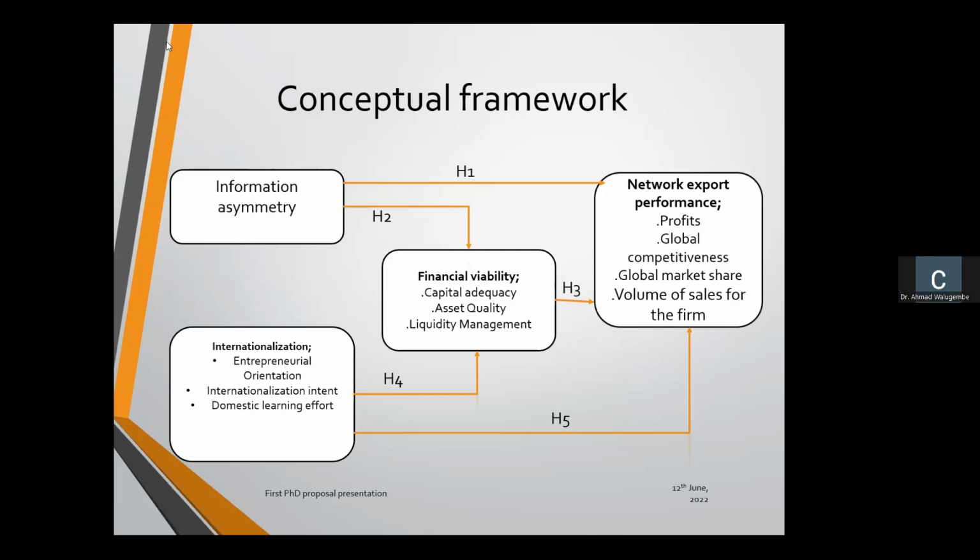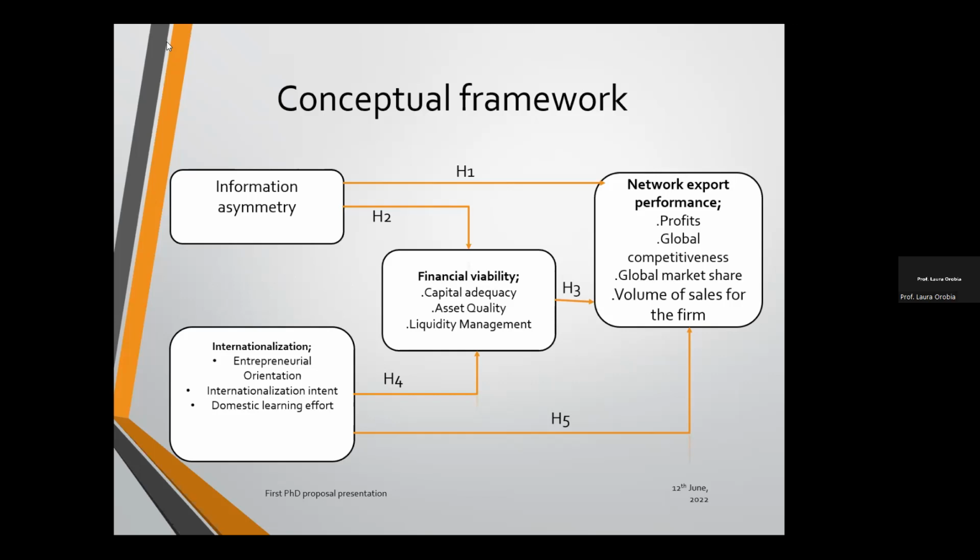First of all, you have to understand what network export performance is. Have an operational definition that you're working with in your study. Then based on that, you look at the indicators. The indicators should be, like you said, picked from previous studies that have been tested and used over time.